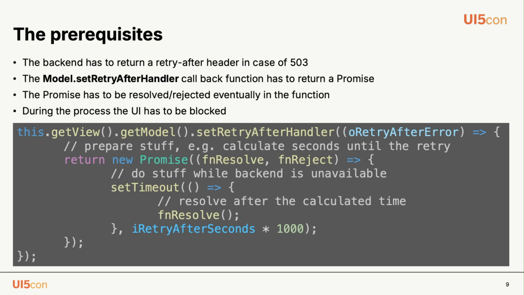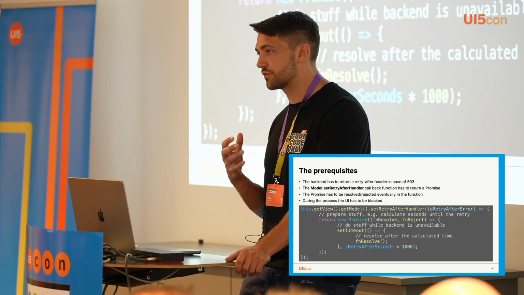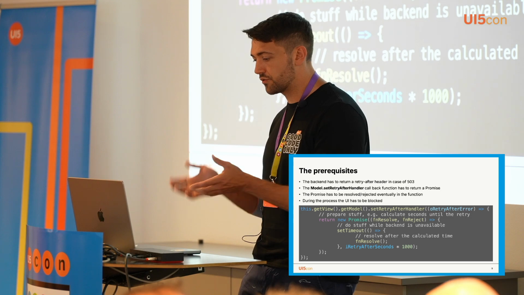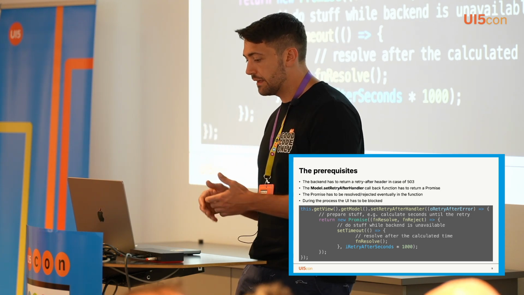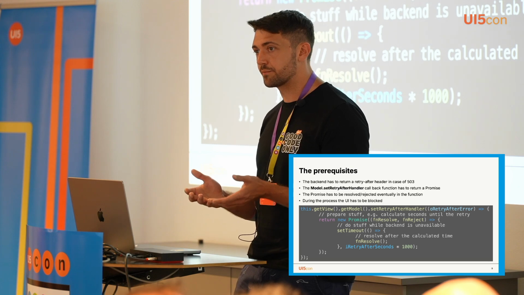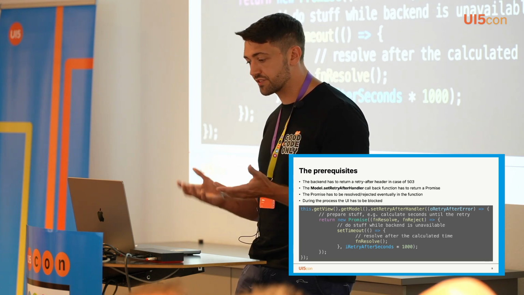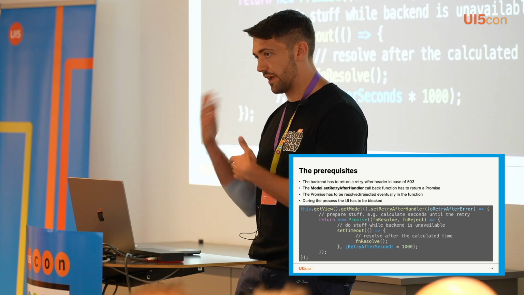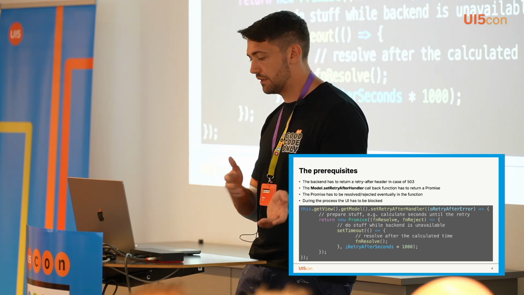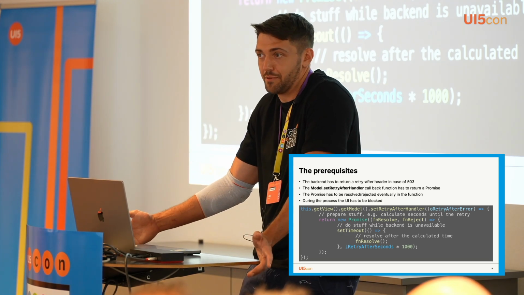This promise is basically the hook for our model to know when to retry the request again, which implicitly also means the promise has to be eventually fulfilled, either rejected or resolved. If it's resolved, the retry happens. If it's rejected, the retry doesn't happen.